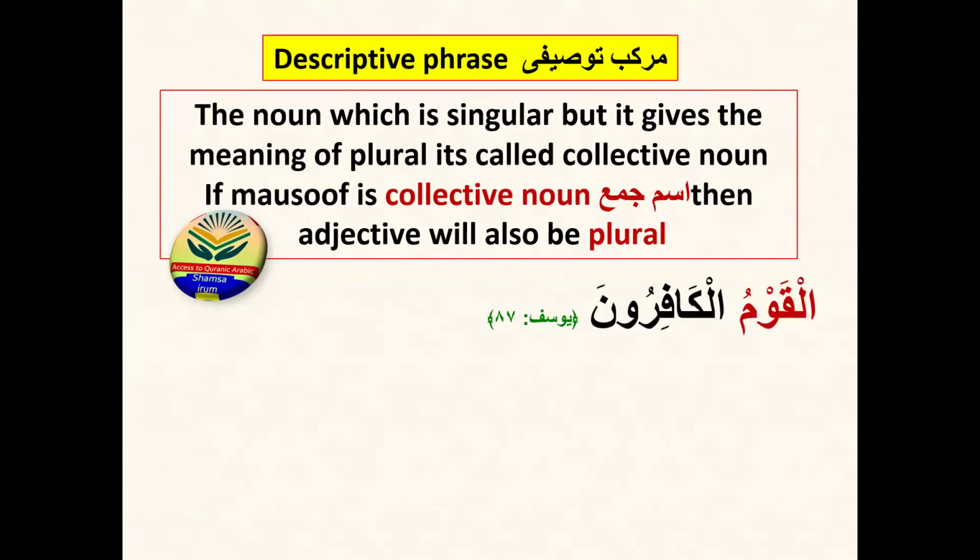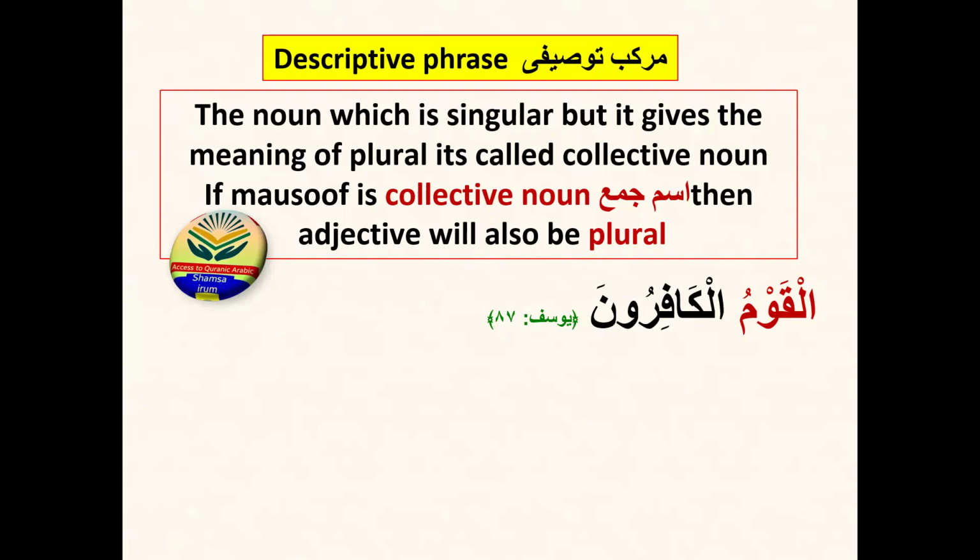Like al-qawmu, al-kafiruna. Now here al-qawmu means nation, a group of people or folk. If I just use one meaning, the nation, it means the nation is the group of people. It is singular. The plural of qaum is aqwamun, a broken plural of qaum.